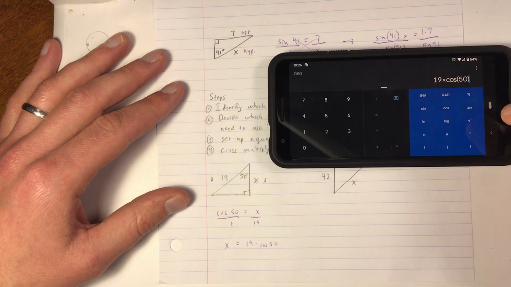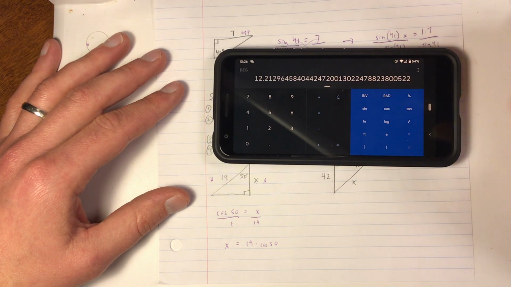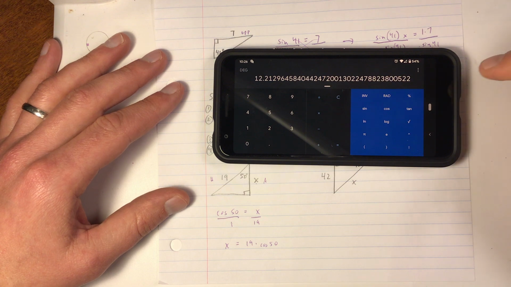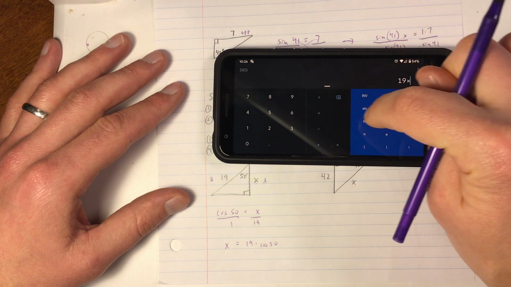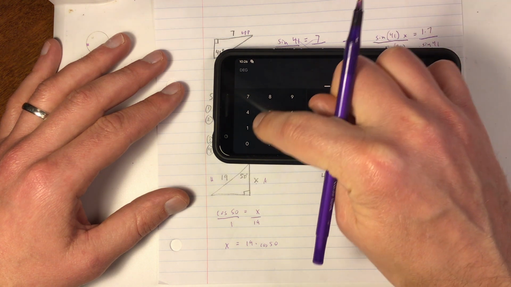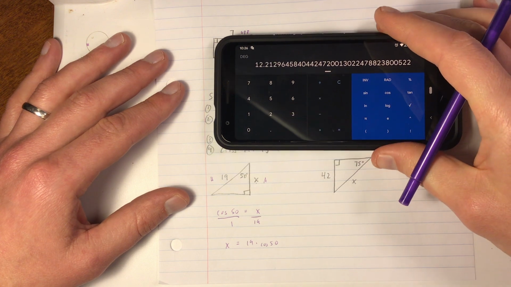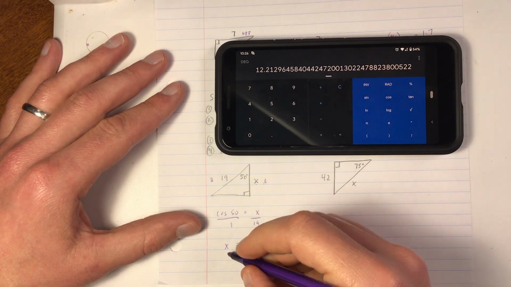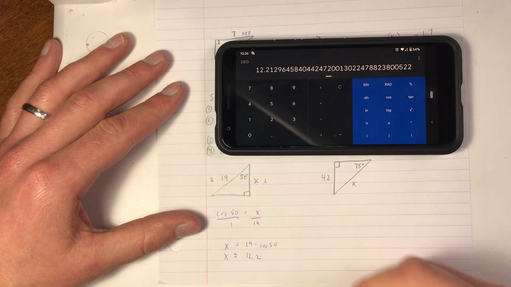Close my parentheses. Equals. One more time. 19 times the cosine of 50. Close parentheses. It equals 12 point. We'll just go ahead and round it. X is approximately 12.2.